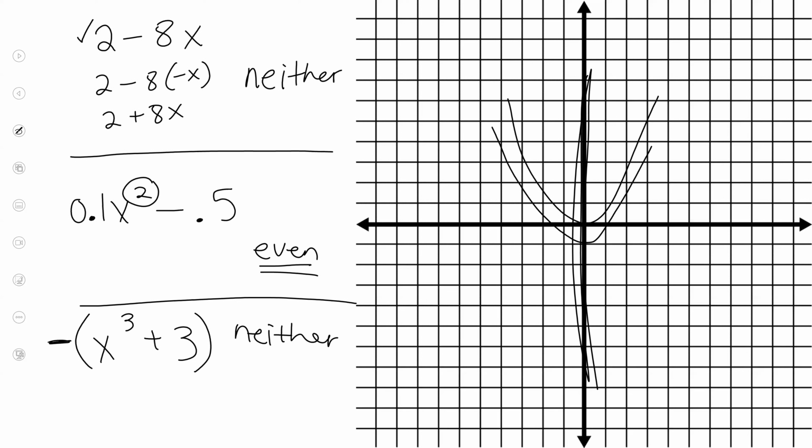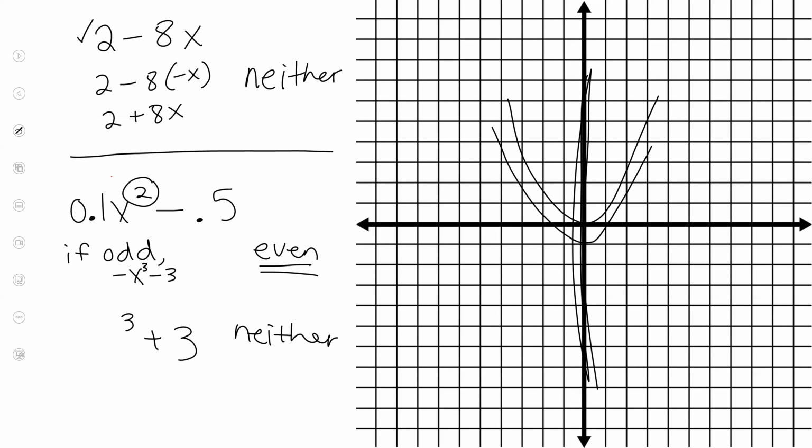So if it is odd, I should get negative x cubed minus 3, correct? Let's see if that's what I actually get. So I'm going to plug in a negative x, and let's see if I get what I'm supposed to get.